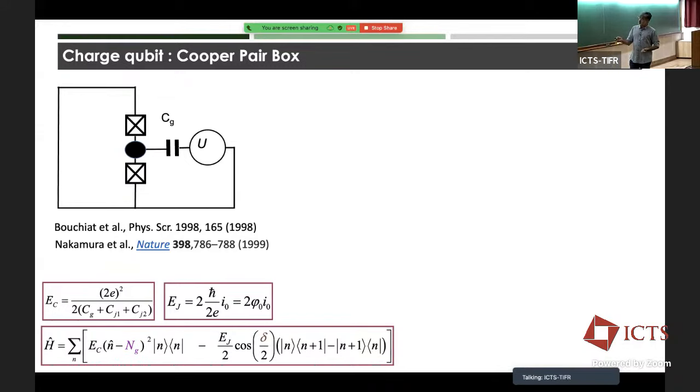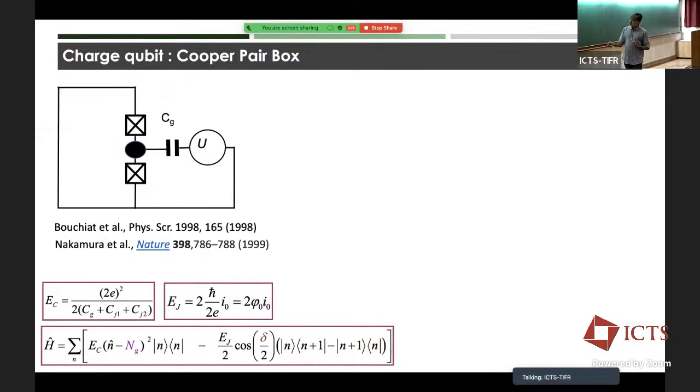And in terms of this, you can write down the Hamiltonian in the basis of charge state. So this N is the number of excess Cooper pairs you have on this island. And that's scaled by EC, because each time you add a charge, you need this amount of energy. But there is now this other factor, which is Ng. I'll come to that in a second.